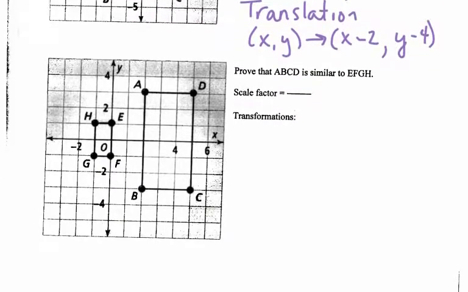We are going to prove that ABCD is similar to EFGH. Now, we had a station that talked about how important it is to name your figures. So, since A is listed first here, that means it corresponds to E. So I'm going to put A in purple and E in purple.